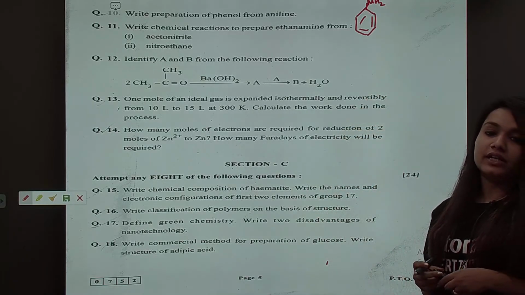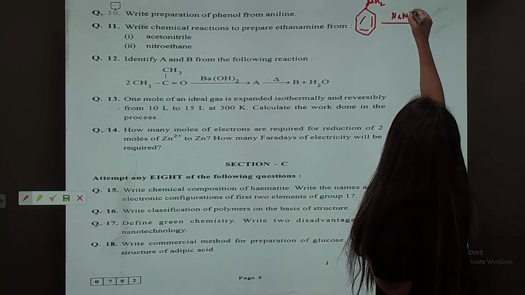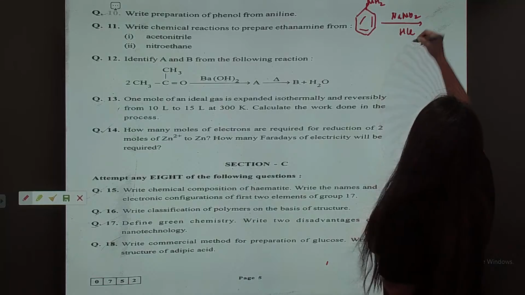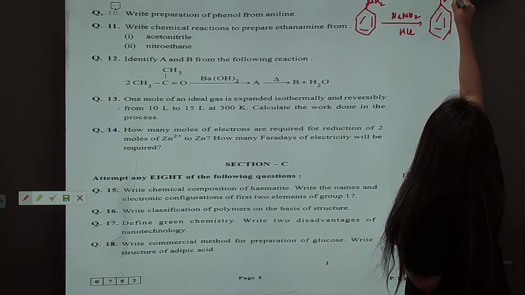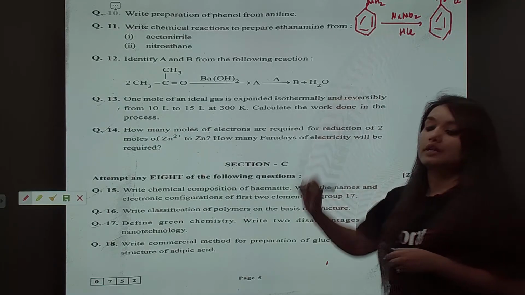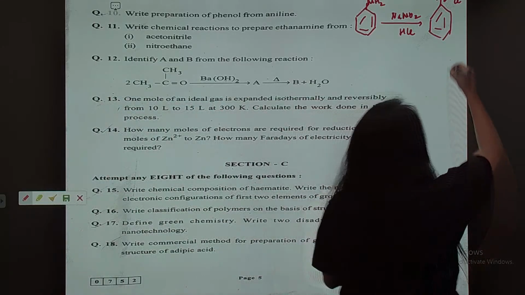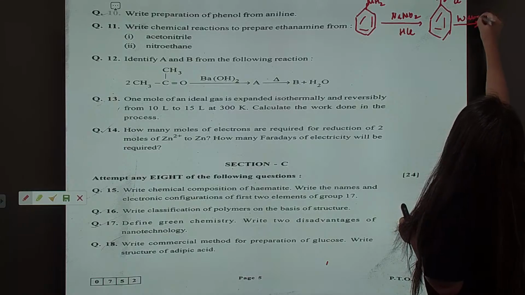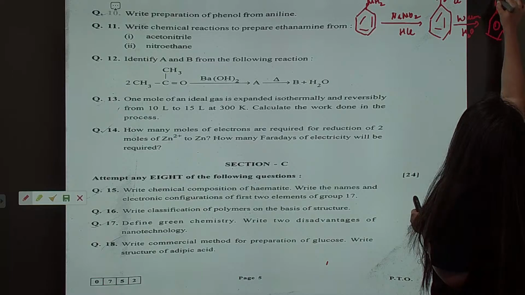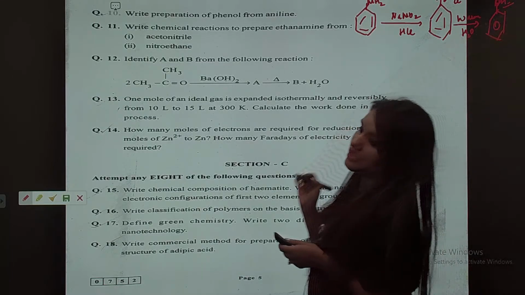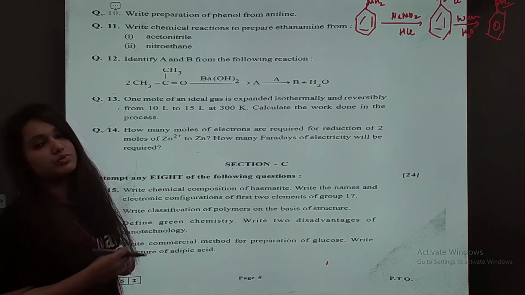Now to convert aniline into phenol, I'll first take NaNO2 and HCl, in the presence of which this aniline will convert into N2+Cl-, which is nothing but your diazonium salt, which on treatment with warm water will give you the required product, which is phenol. So that's question number 10, students, about the preparation of phenol using aniline.